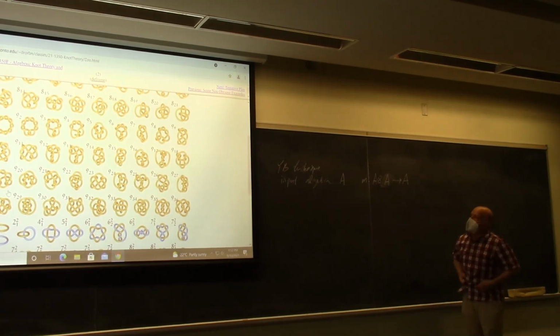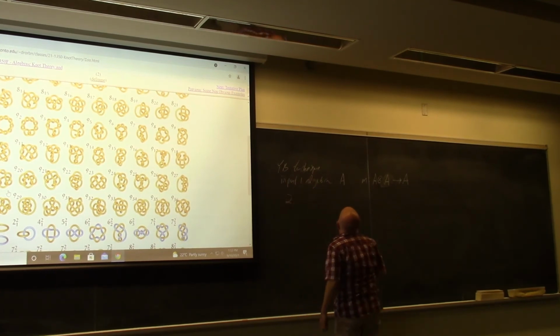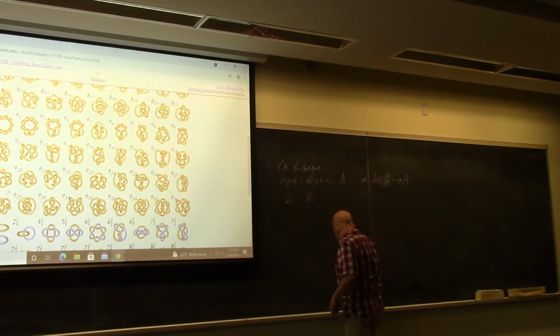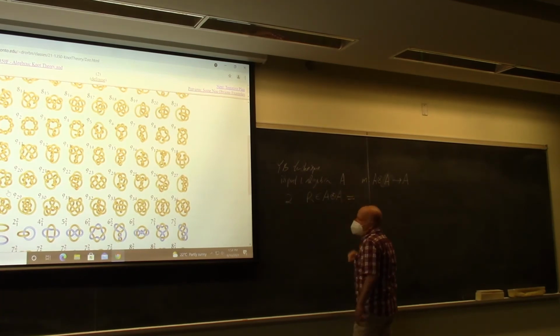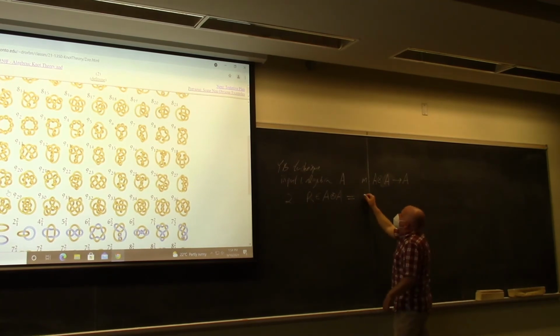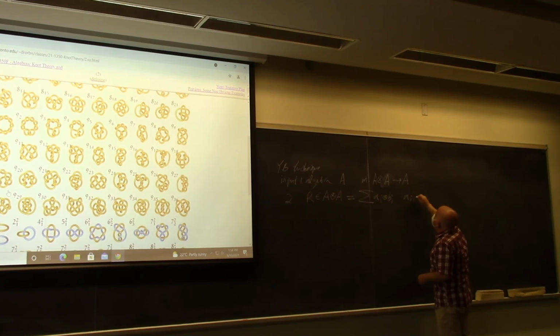So the input is an algebra A and an element of A tensor A, often called R, which lives in A tensor A. What does it mean that it lives in A tensor A? It means that you can write it in the form sum of a_i tensor b_i, where a_i and b_i are elements of the algebra.